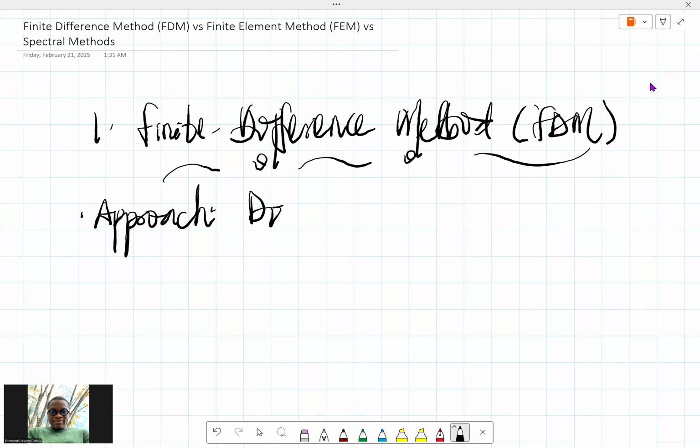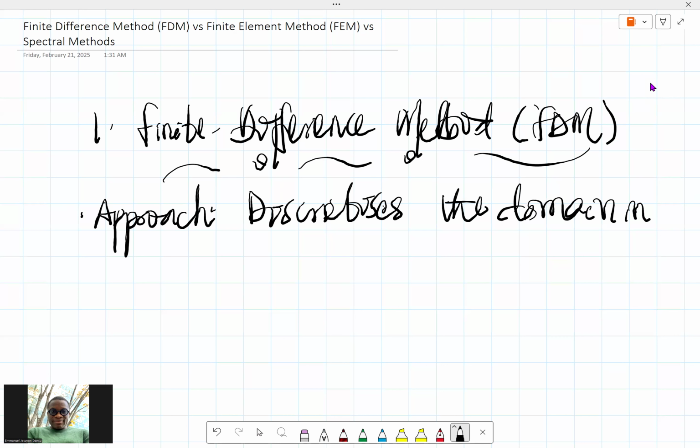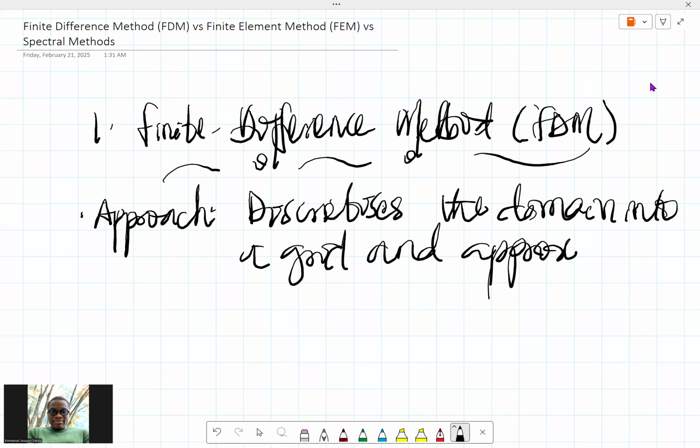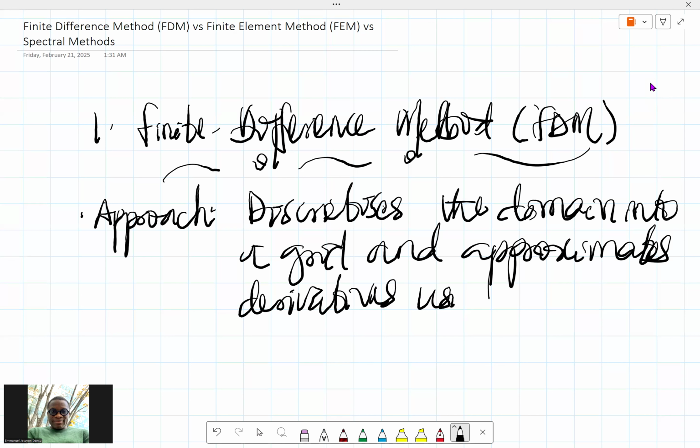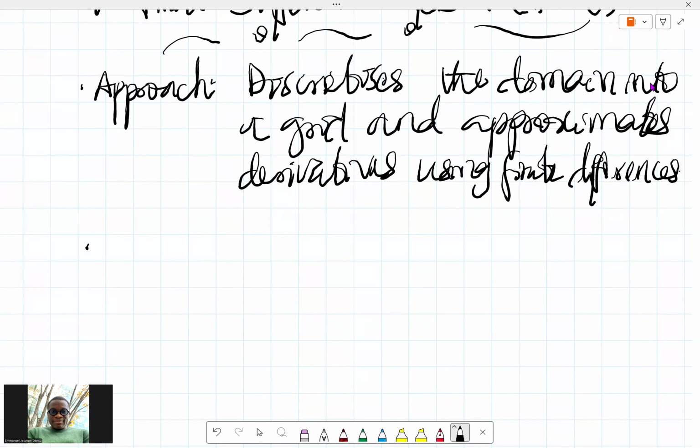The finite difference method, FDM, discretizes the domain into a grid and approximates derivatives using finite differences. So that's the approach for the finite difference method.